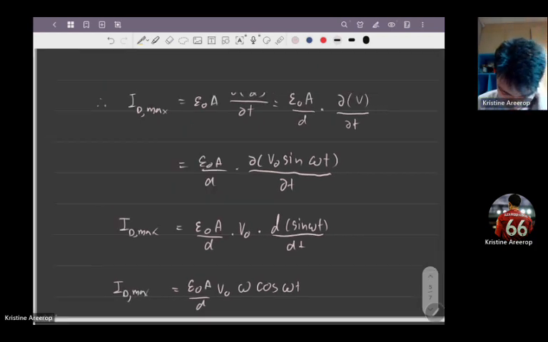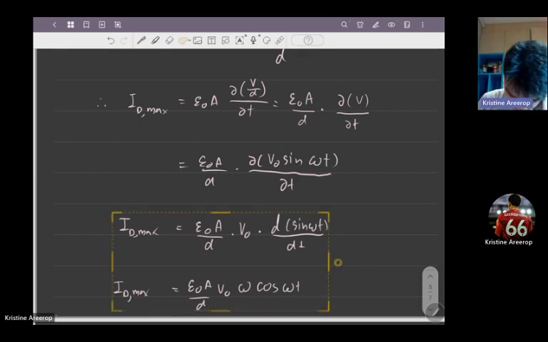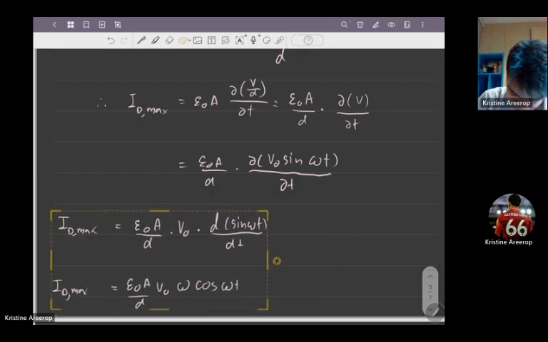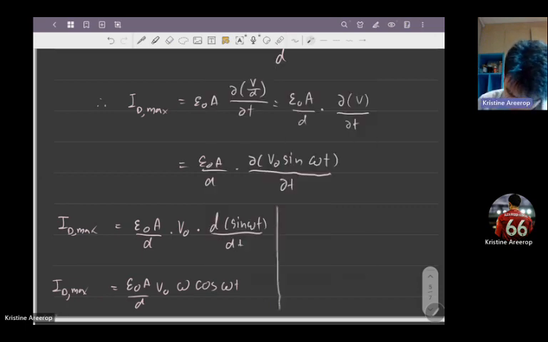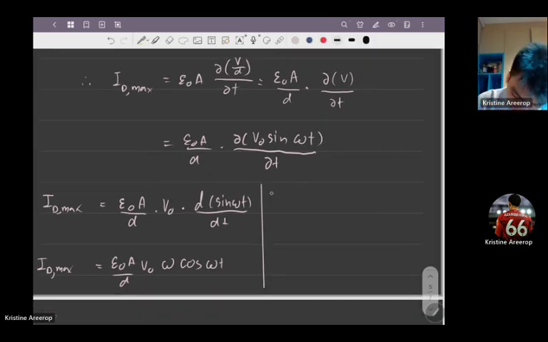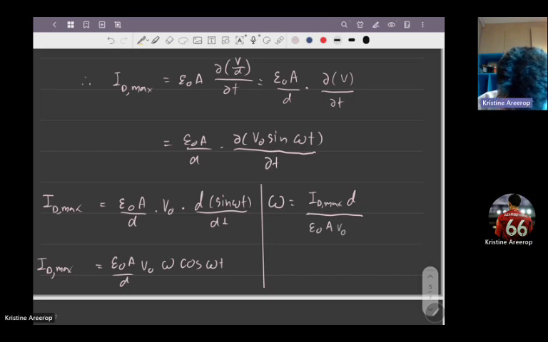Move them to the left. Now we get ID max equals epsilon 0 A V0 omega cos omega t by d.